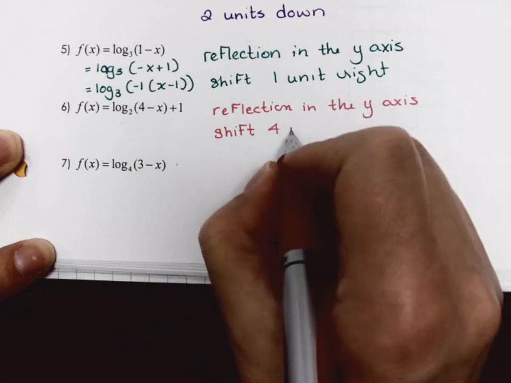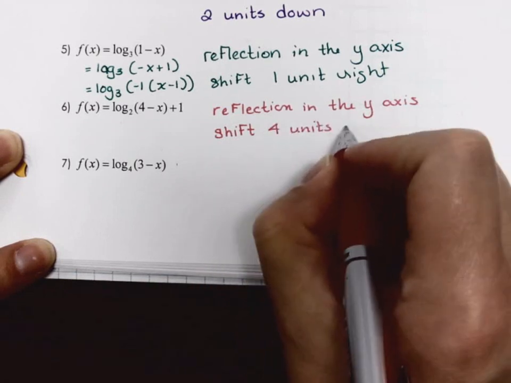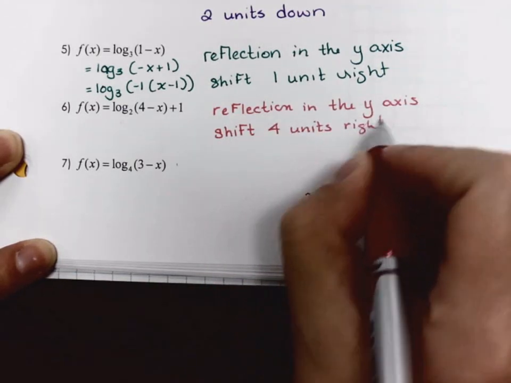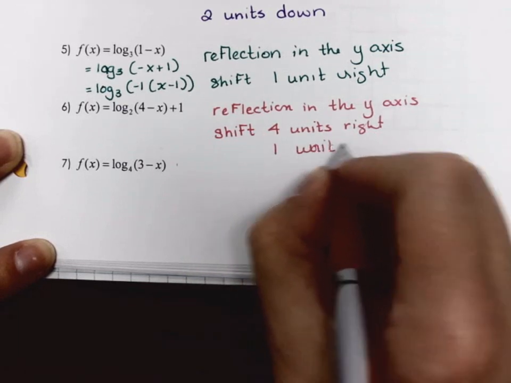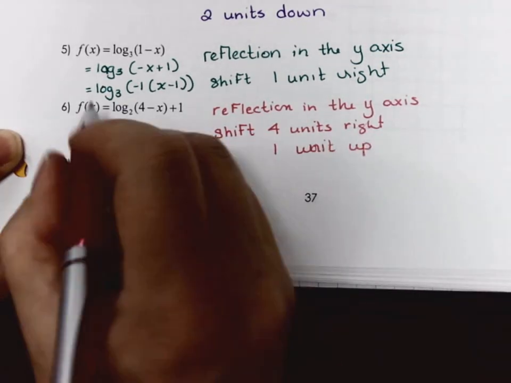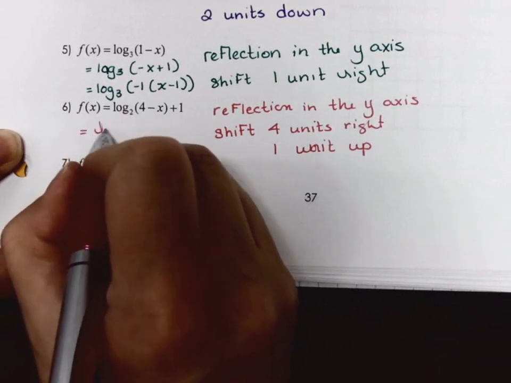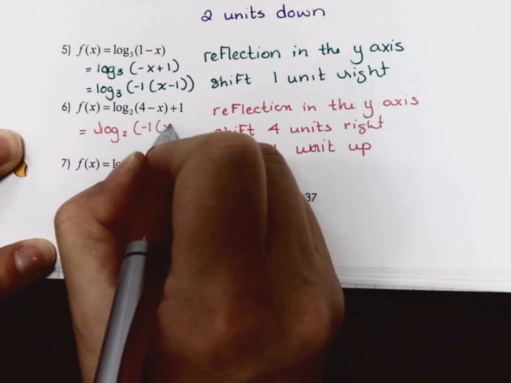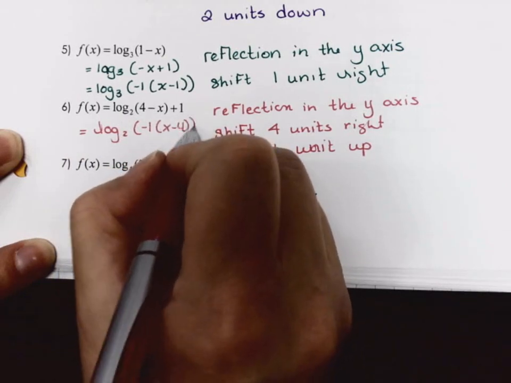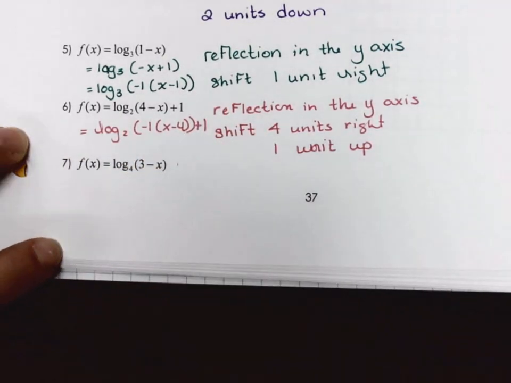Shift 4 units to the right and 1 unit up. And if we were to do the factoring, that's what it would look like.